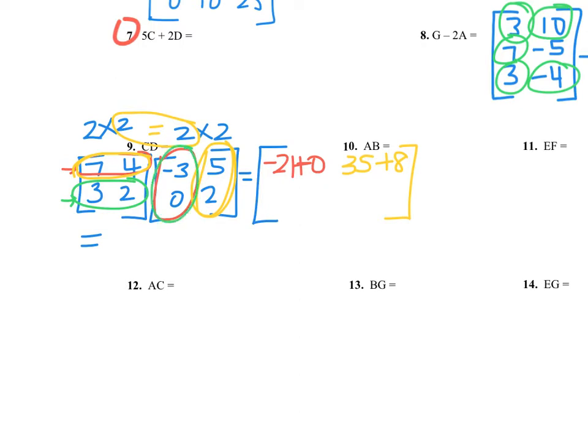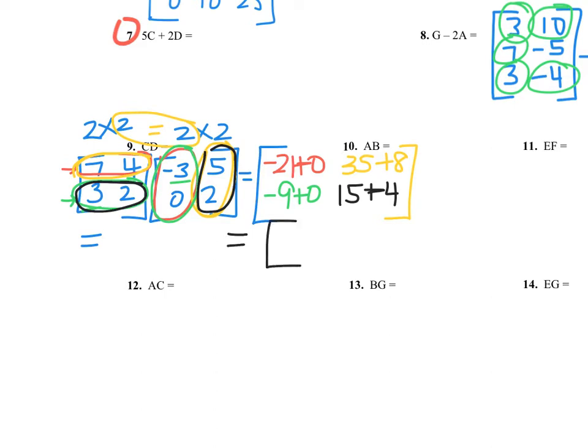So I go 3 times -3 is -9. 2 times 0 is 0. Don't you love when you have 0 in one of those matrices? I do. And then finally, the last one will be across this row and down this last column. 3 times 5 is 15, plus 2 times 2 is 4.